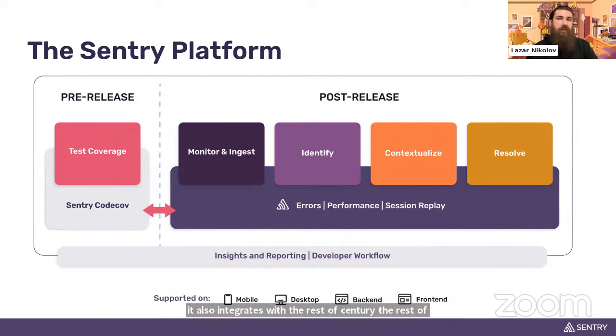So when an error happens, you actually know whether it was covered by a test or not. And that changes things. When it comes to support, Sentry supports all of the most used, the most popular frameworks on mobile, desktop apps, backend, frontend, you name it.